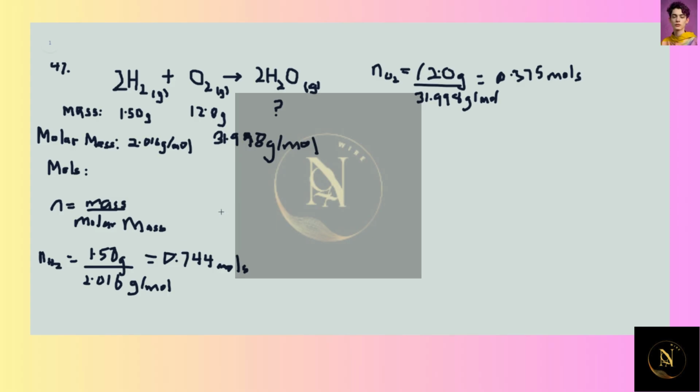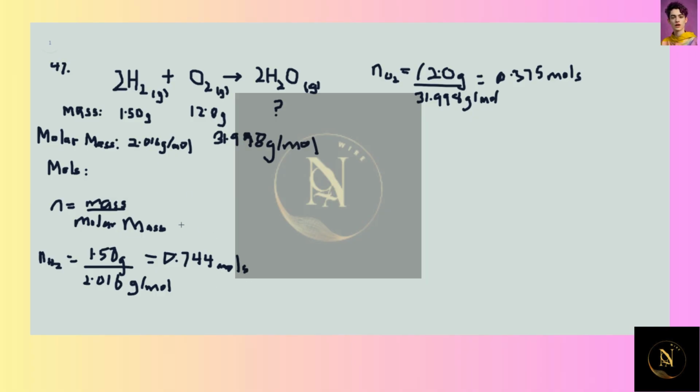All right, so now that we have the moles of each of these reactants, we need to determine which reactant is the limiting reagent, because the limiting reagent of this chemical reaction is going to give us the moles of the product that's going to be formed. The limiting reagent is the minimum amount of species that reacts with the other reactant to give you the product.